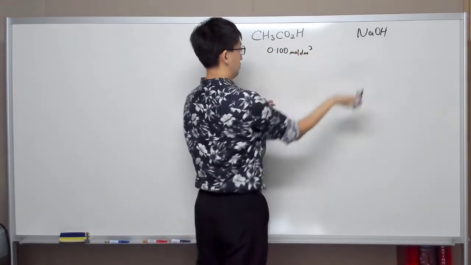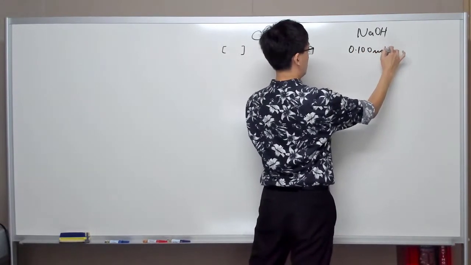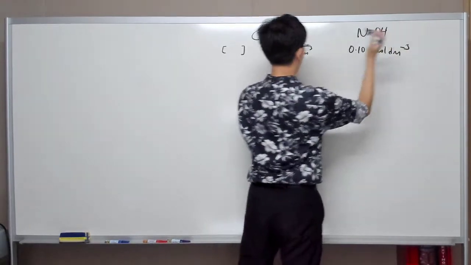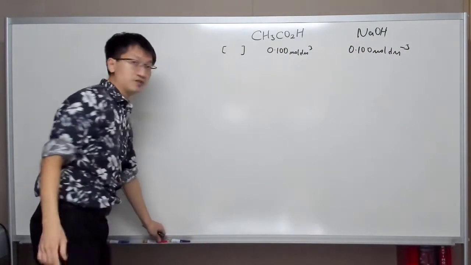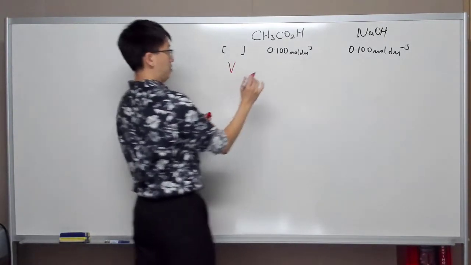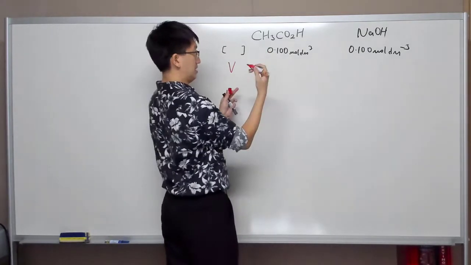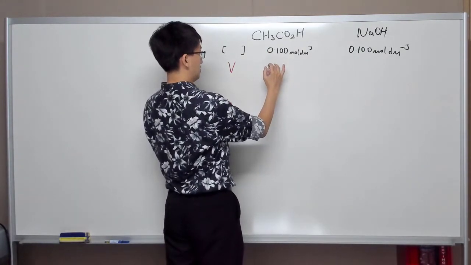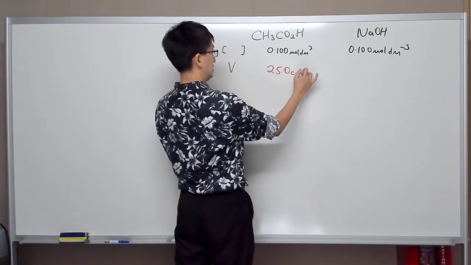For sodium hydroxide, I will use the same concentration for easy illustration. Next, I'm going to showcase the volume. For ethanoic acid, the volume is fixed because I'm going to put it in a conical flask, so this will be 25.0 cubic centimeters.